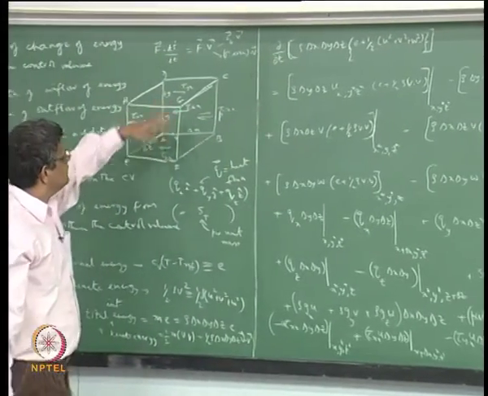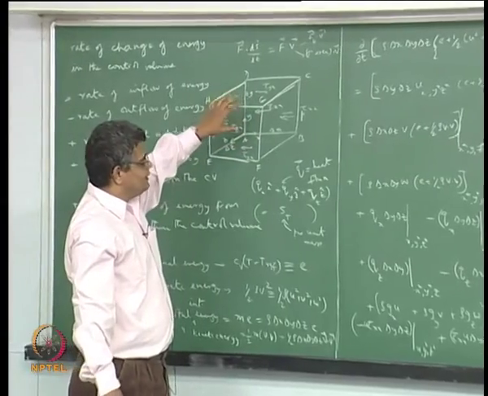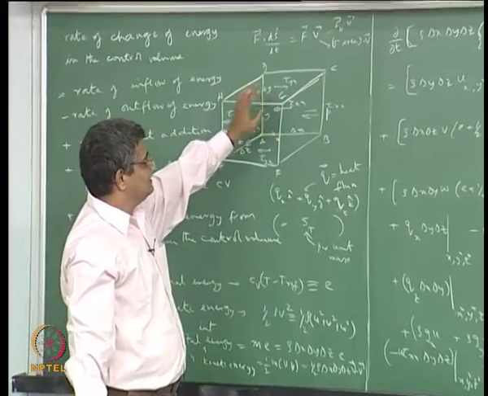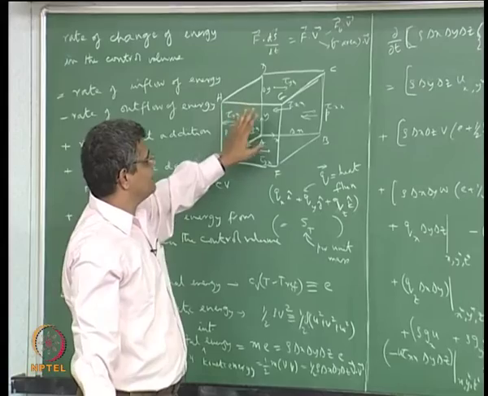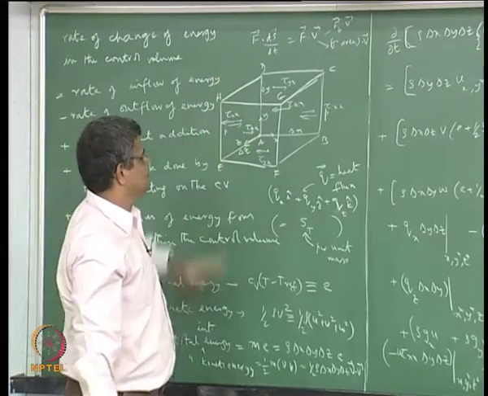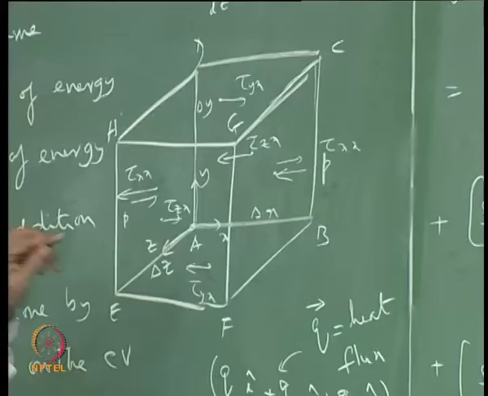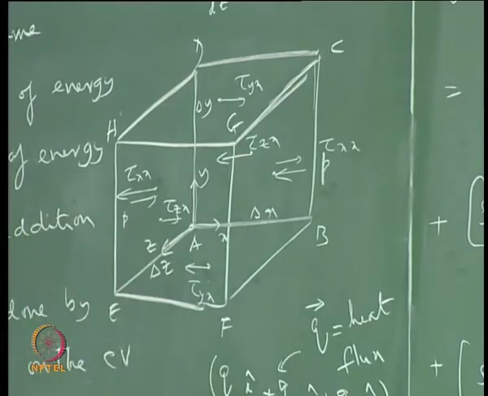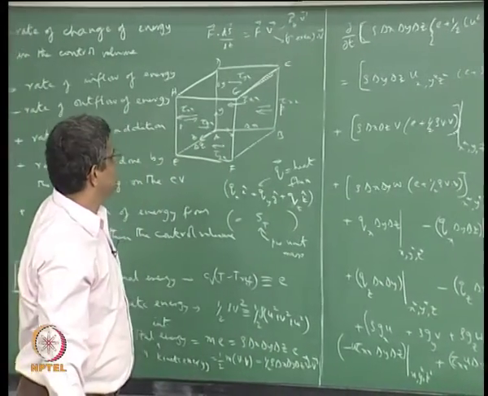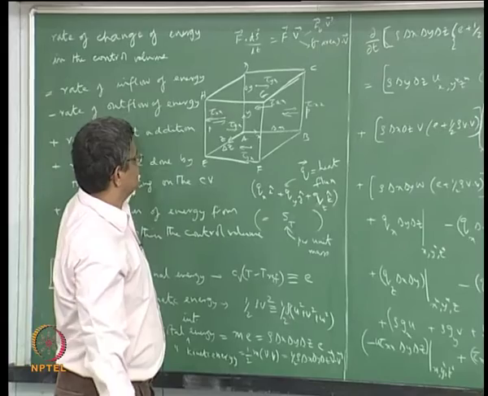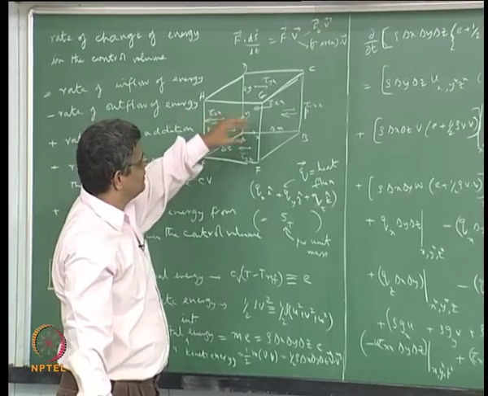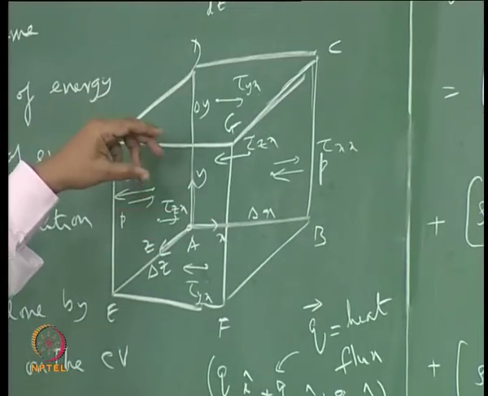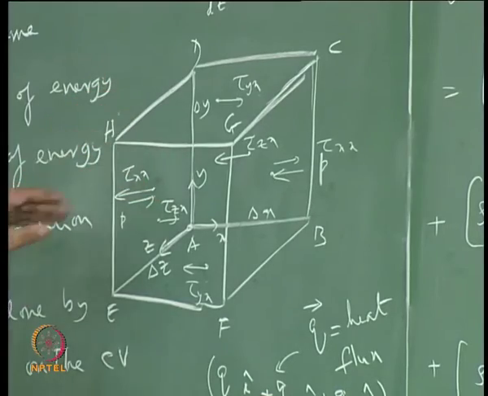And we can similarly write down the 6 stress components and 2 pressure components acting in the y direction, and those 6 will add the corresponding rate of work done terms, and there will be another 6 stresses and another 2 pressure forces acting in the z direction.